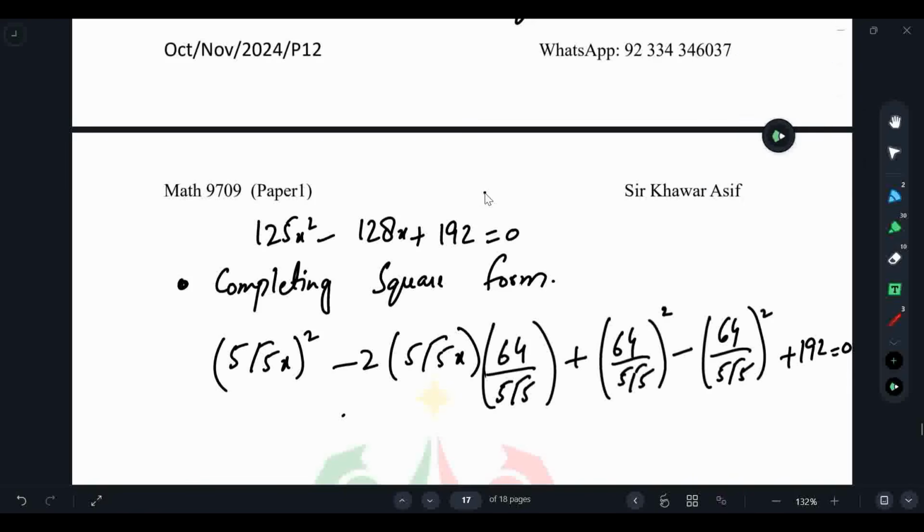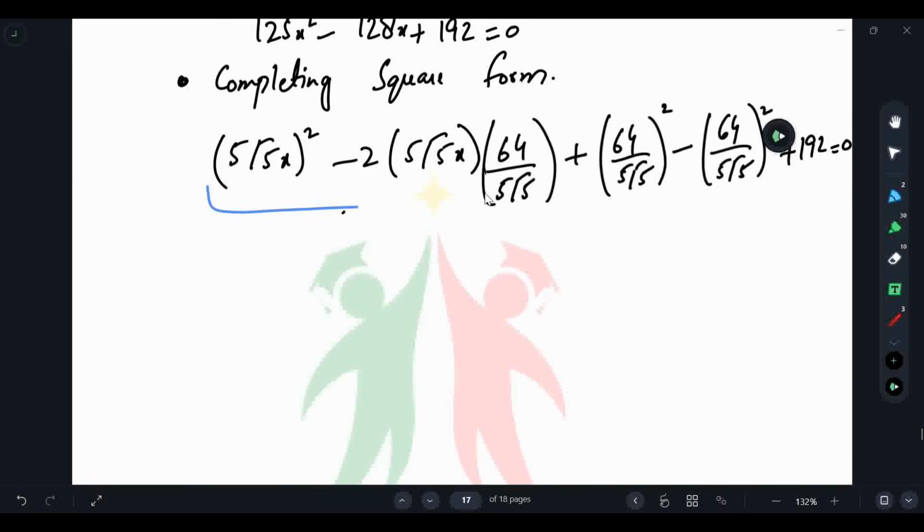Now from here we know that this will be a perfect square.